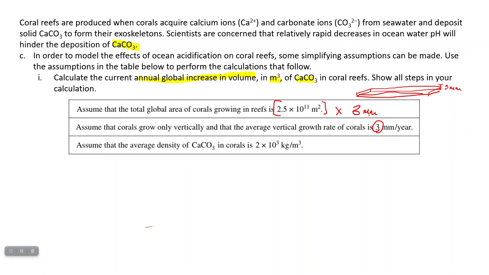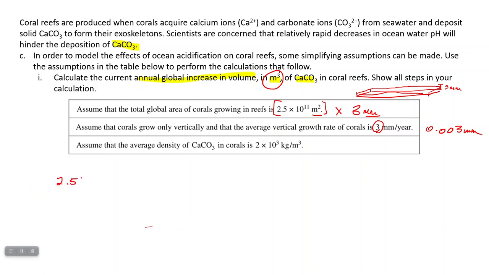But notice I've got a unit in millimeters and another unit in meters, and I need to have my answer in meters cubed. So what I need to do is convert 3 millimeters into meters. A millimeter is 1,000th of a meter, so that's going to mean that this is 0.003 meters. So I need to calculate that volume.